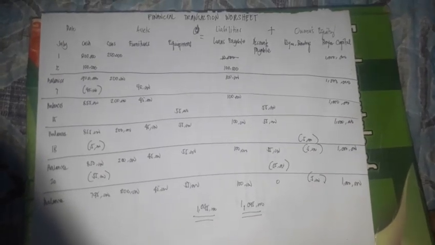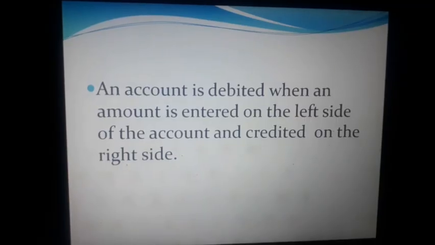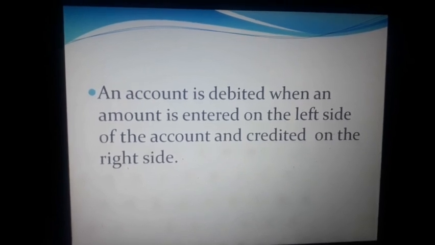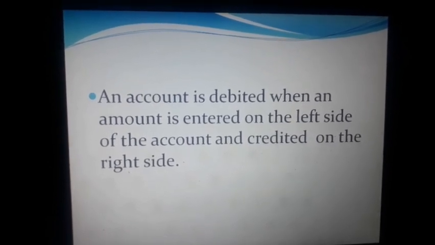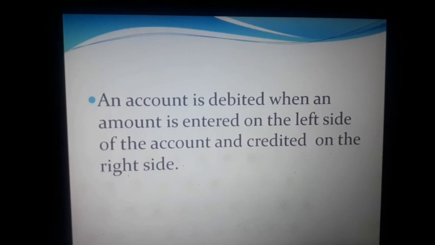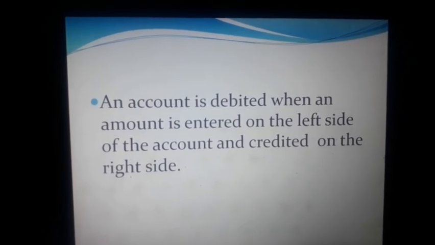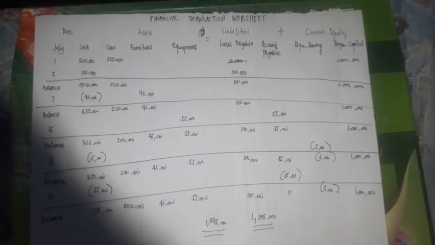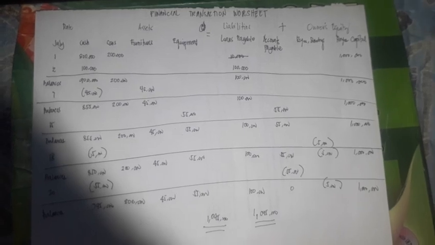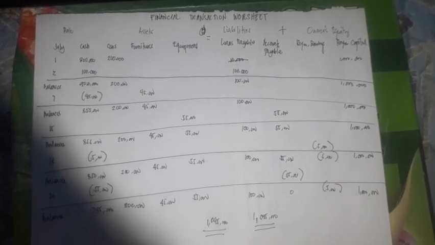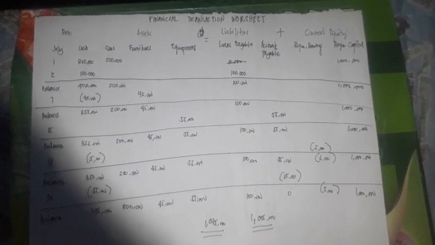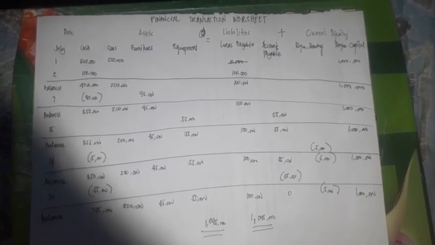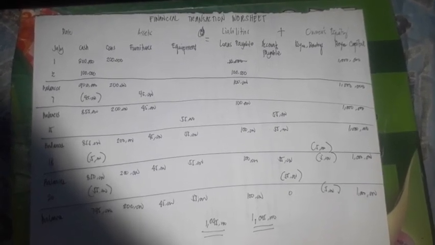Okay, next definition. An account is debited when an amount is entered on the left side of the account and credited on the right side. So now, we observe sa ating financial transaction worksheet, an account is debited when an amount is entered on the left side of the account and credited on the right side.